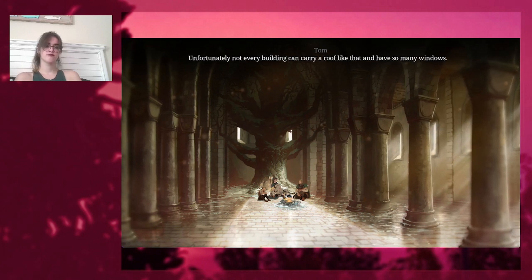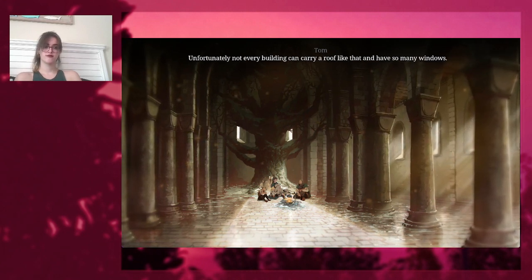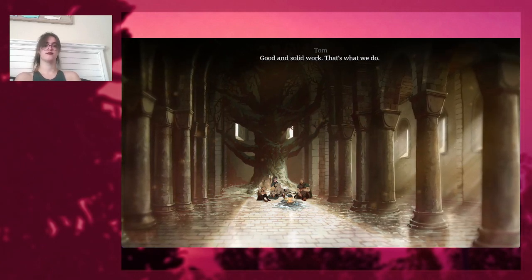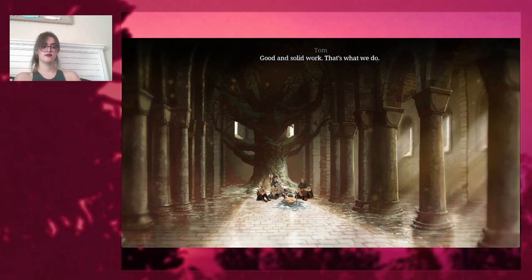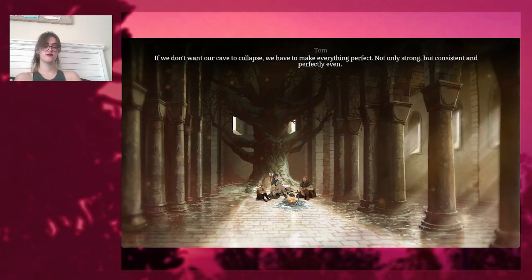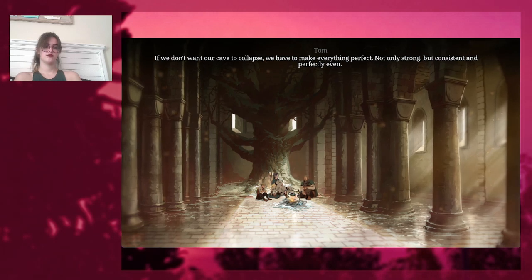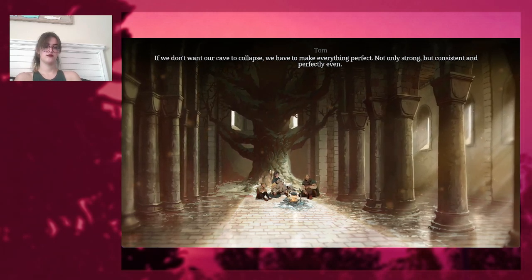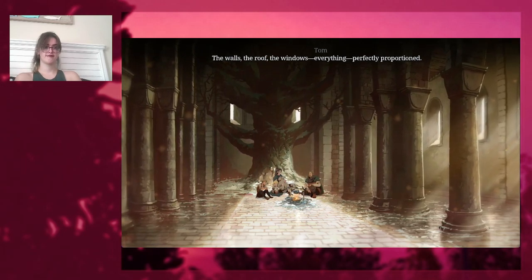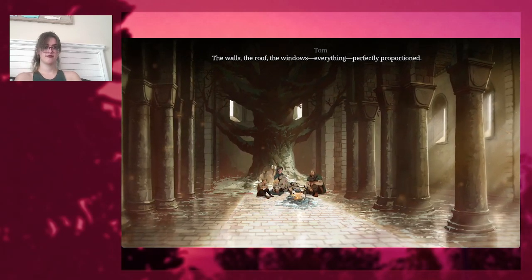Unfortunately, not every building can carry a roof like that and have so many windows. So what do we do? Good and solid work. That's what we do. If we don't want our cave to collapse, we have to make everything perfect. Not only strong, but consistent and perfectly even. The walls, the roof, the windows, everything perfectly proportioned.